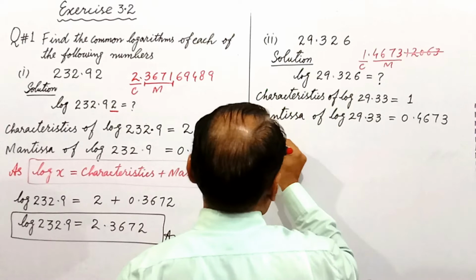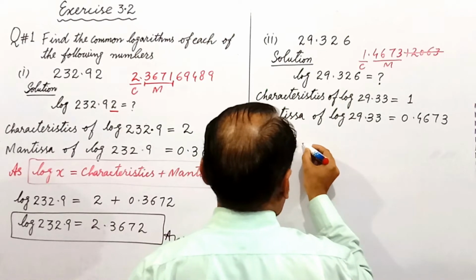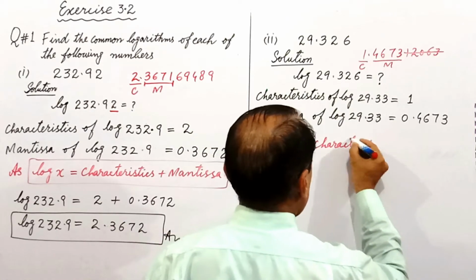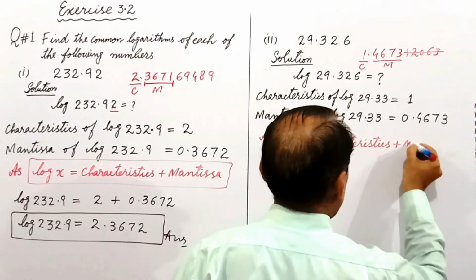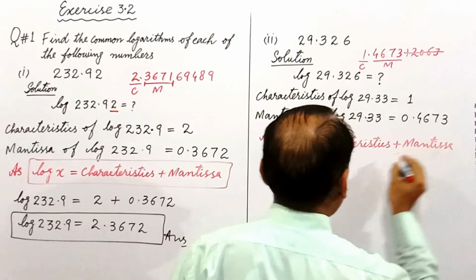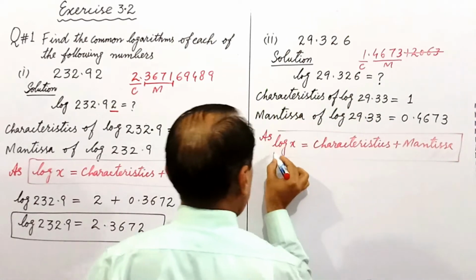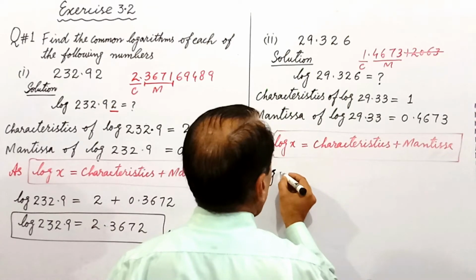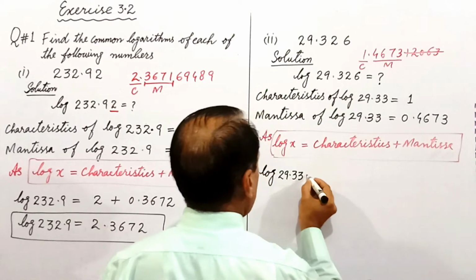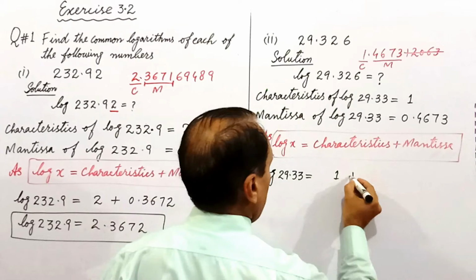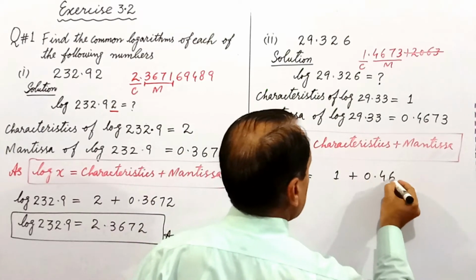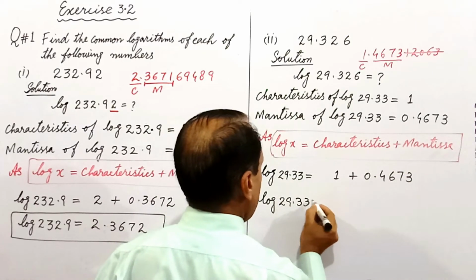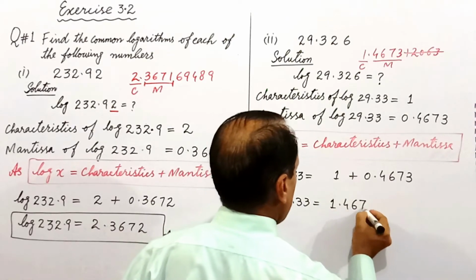And as the logarithm of any real number is equal to characteristic plus mantissa, by replacing values, we have log 29.33 is equal to characteristic 1, whereas mantissa is 0.4673, and we have the value of log 29.33 is equal to 1.4673.